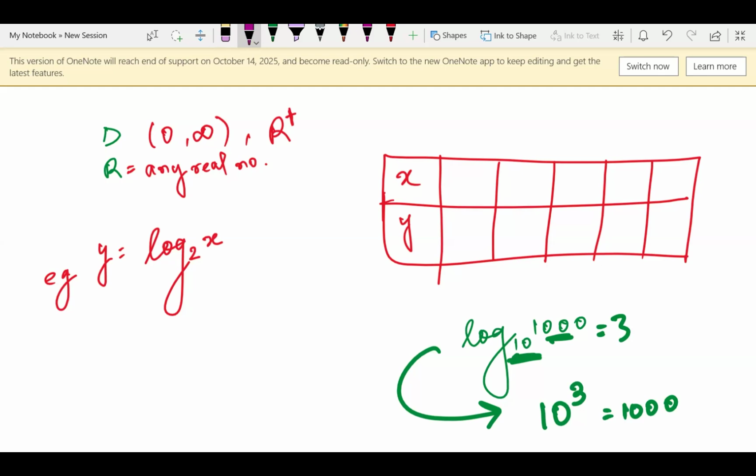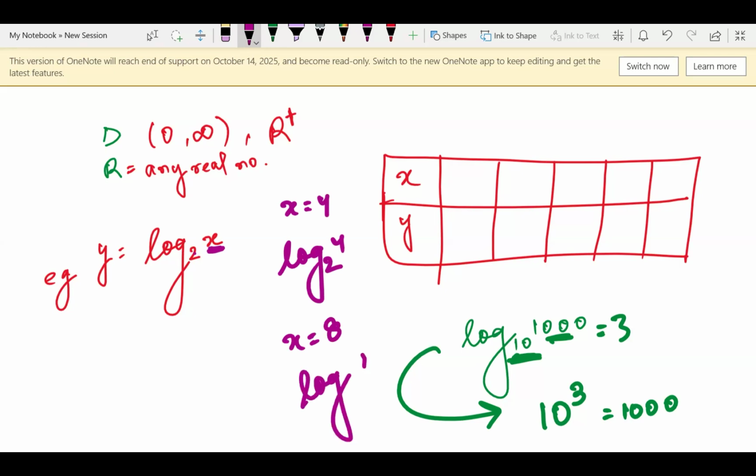ओके, तो मैं ध्यान से सोच के यहाँ पे x की वैल्यू ले रही हूँ कि 2 के पावर क्या कर दें कि 4 मिल जाए, मैंने x के लिए 4 लिया। और it is really easy to understand कि 2 का क्या पावर कर दें कि 4 मिल जाए। आ रहा है समझ में? Yes. फिर मैंने x इक्वल्स टू 8 लिया, क्यों? क्योंकि वहां से आसानी से हम निकाल पाएंगे कि 2 के एक्सपोनेंट में क्या ले लें कि 8 मिल जाए। आ रहा है समझ में?